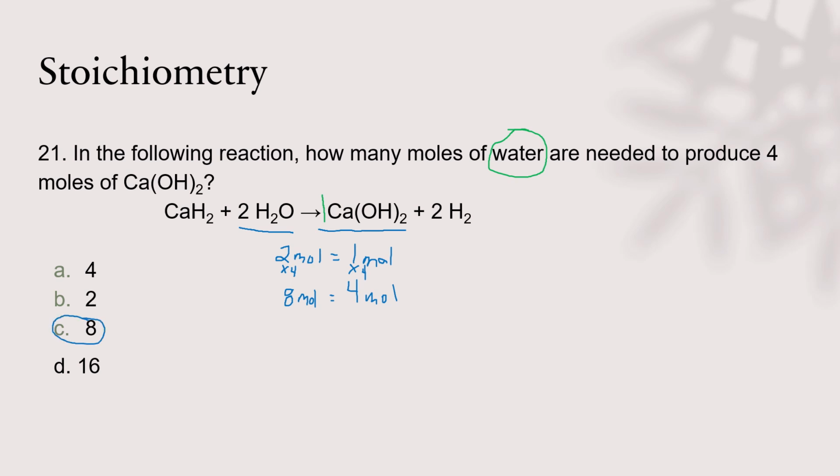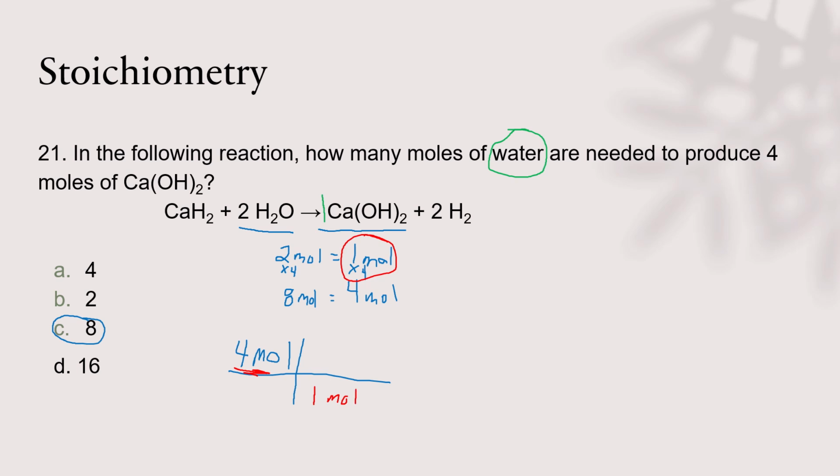Some people as well like to just do a straight up mole ratio calculation with the railroad tracks. So 4 moles of calcium hydroxide is what we want. We're going to use the mole ratio, putting the moles that represent the calcium hydroxide, the 1, on the bottom because we need that to cancel out because this 4 moles is representing calcium hydroxide as well.